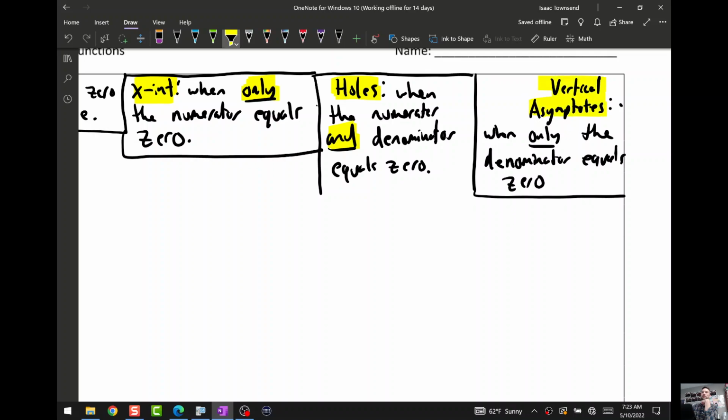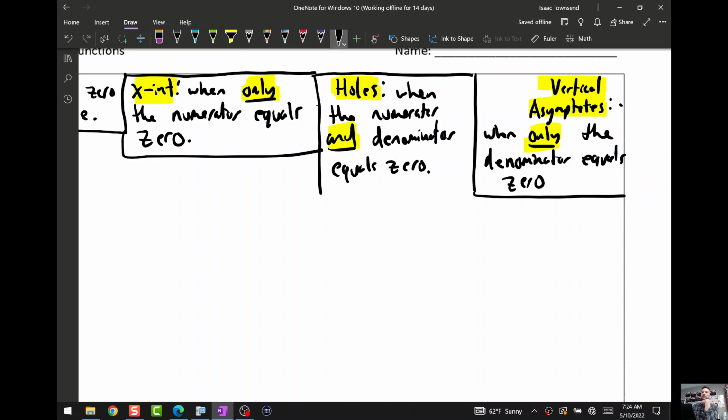Vertical asymptotes when only, and again, keyword there, only, because if it makes the denominator 0, it could be a vertical asymptote, but if it also makes the numerator 0, then it's a hole instead. So very, very similar type of work we have to do, but if it makes only the numerator 0, x-intercept, both 0, it's going to be a hole, and if only the denominator, it's a vertical asymptote.